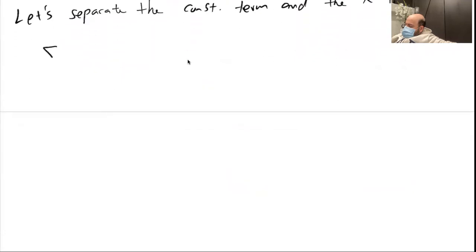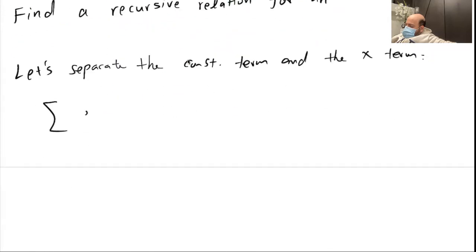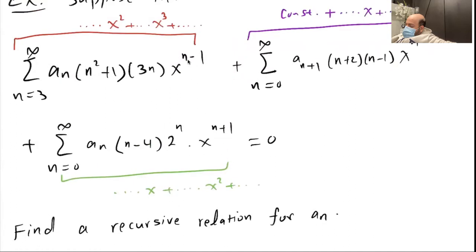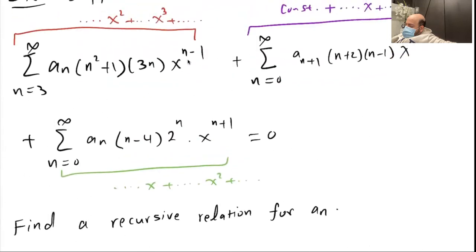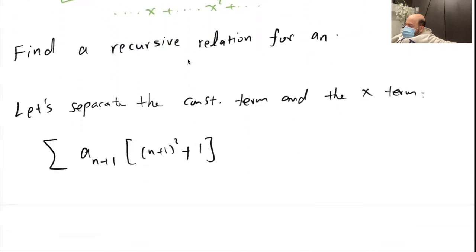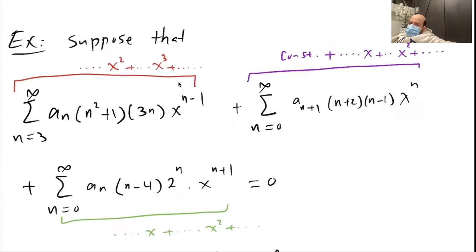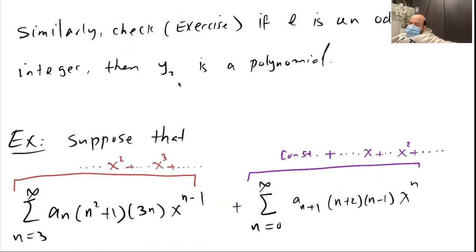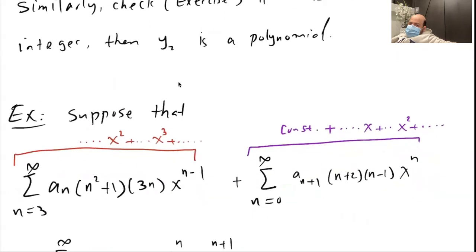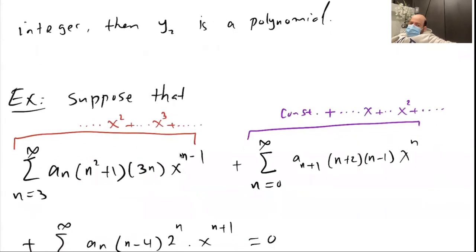Then I'll have a_(n+1) times (n plus 1) squared plus 1, times 3 times (n plus 1), x to the power n from 2 to infinity. Because I've changed n to n plus 1, the starting index will shift 1 unit to the left. Now that's for the first sum.